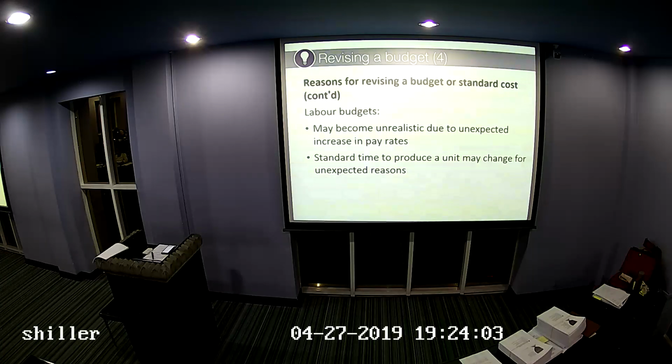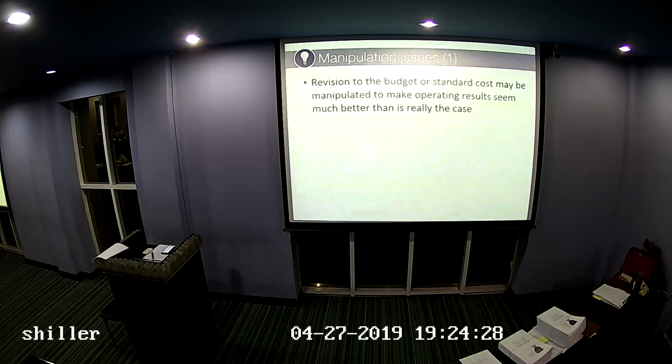So again, if that is the change in specification, it changes the time it takes to make the product, then your labor cost will not be according to budget. You understand? You revise the budget for the labor cost. You understand? So it can be the time it takes to make the product, it can be the rate in terms of the labor. Okay?